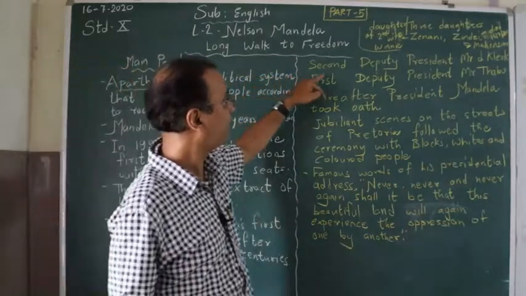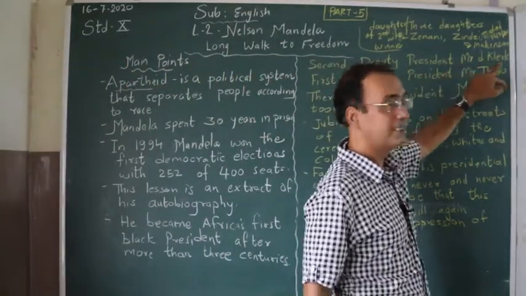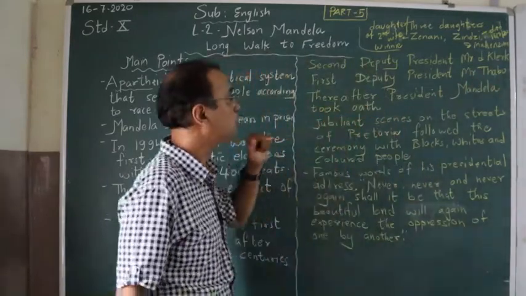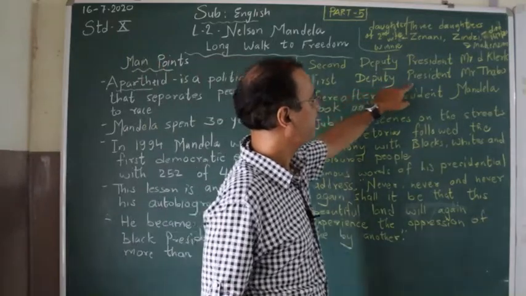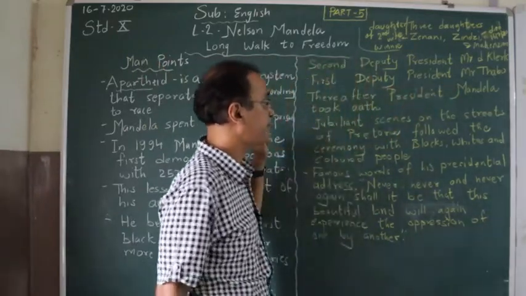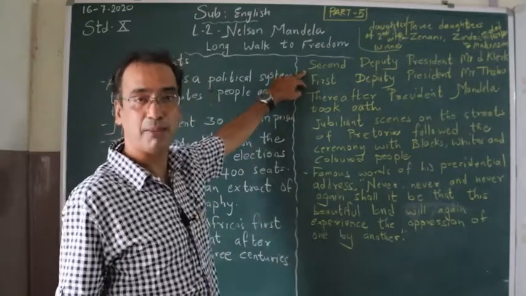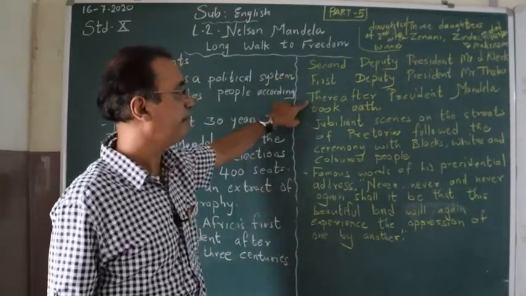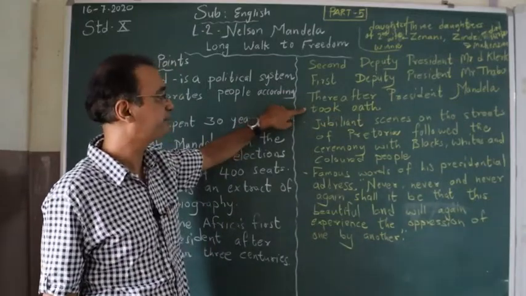At that time, the second deputy president was Dr. F. W. de Klerk, and being the second deputy, he took the oath first. The first deputy president was Mr. Thabo Mbeki. These 2 took the oath first as deputies, and thereafter President Mandela took the oath of presidentship.